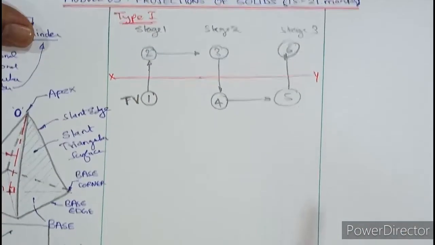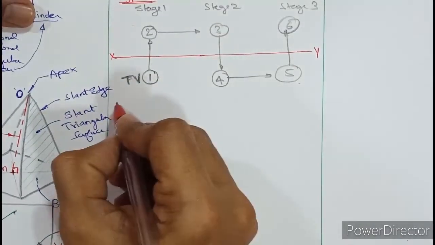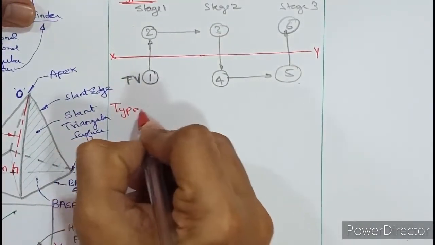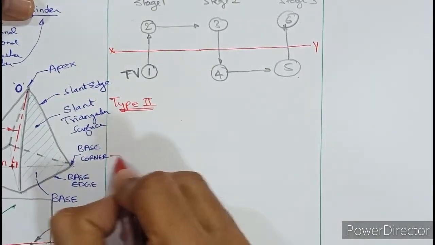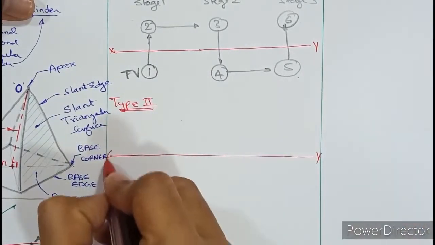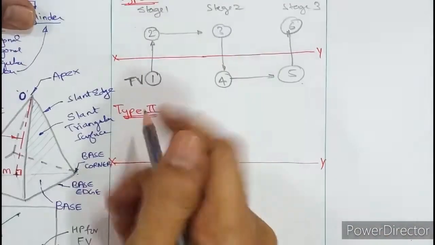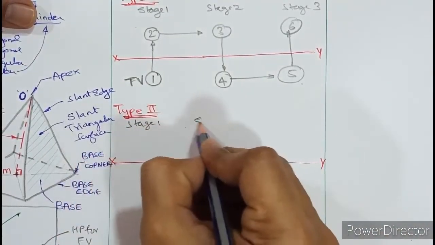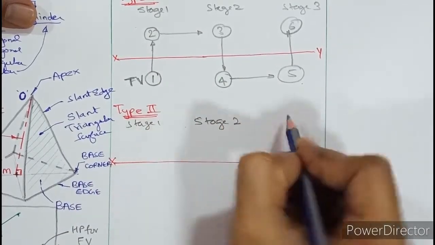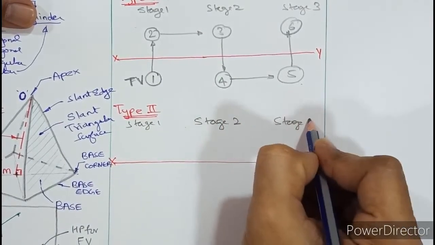Now the converse of that, type 2 question. So in a type 2 question, if I draw the XY here, and again there are 3 stages, stage 1, stage 2 and stage 3. So it can be like this.